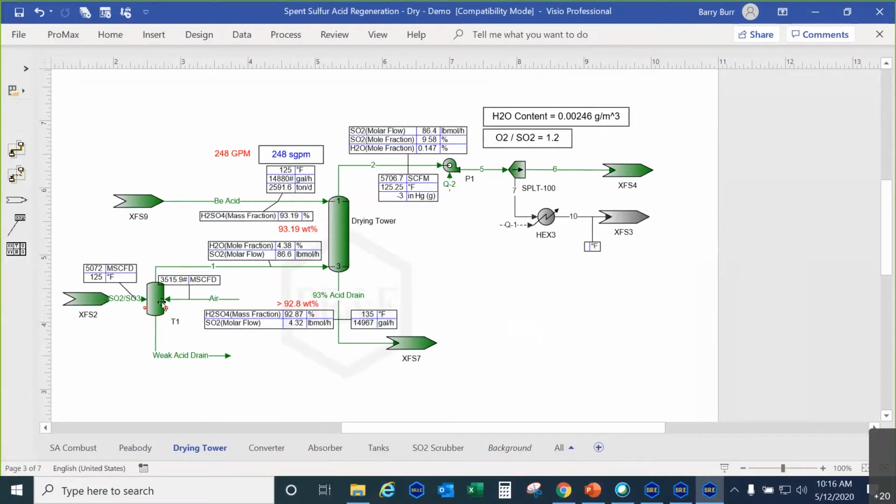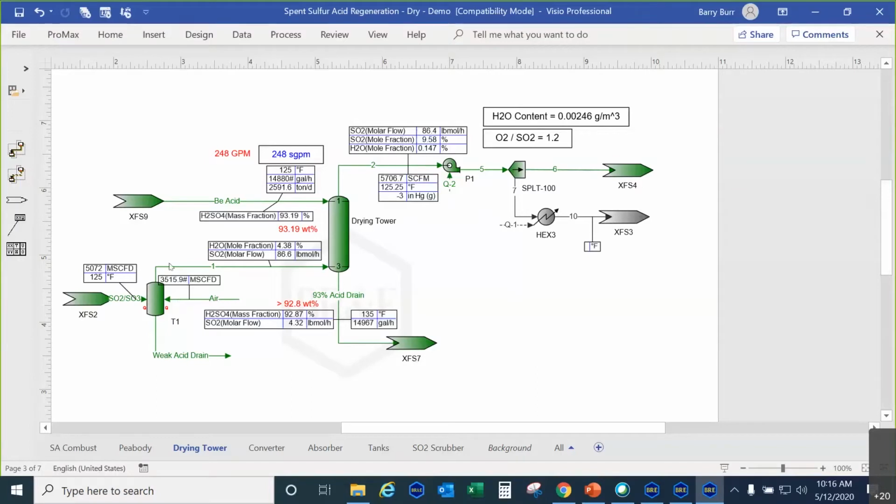First, we need to add some extra air, because we're going to need air later on for the time when we react SO2 with oxygen to create SO3. So we're going to add some air, and we have a solver on here to make sure that we attain this oxygen to SO2 ratio of 1.2 molar ratio.